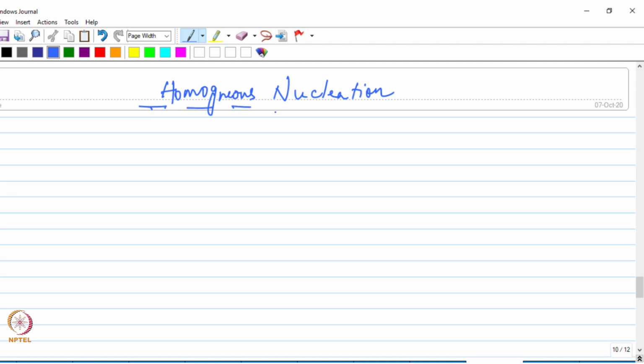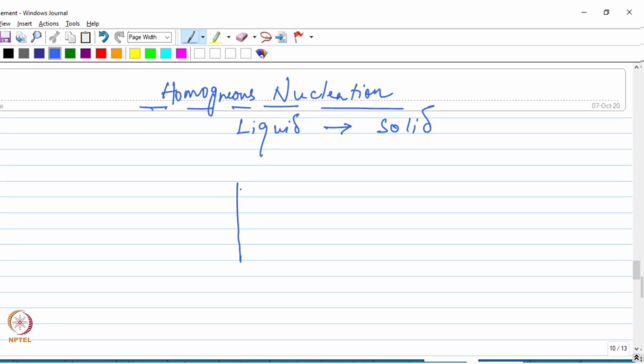So let us restrict ourselves to this solidification phenomenon, that is this transformation from liquid to solid. And for this, let us consider this diagram where the first particle of the solid is forming from the liquid. So let's say this is the solid which has formed. So above this you have all liquid.